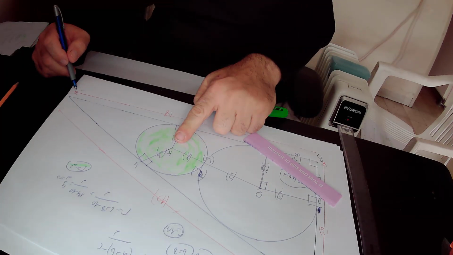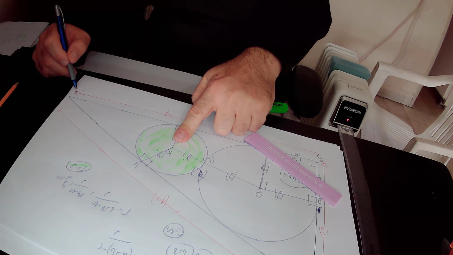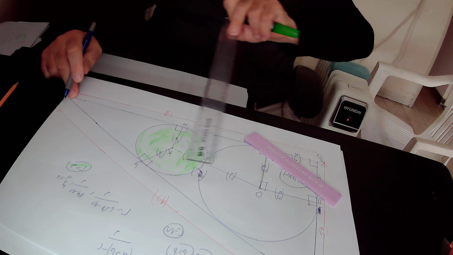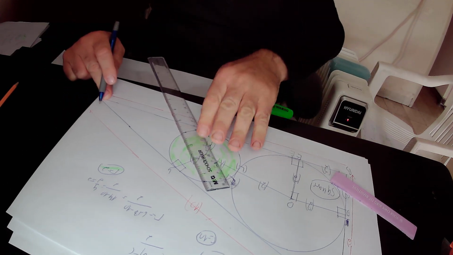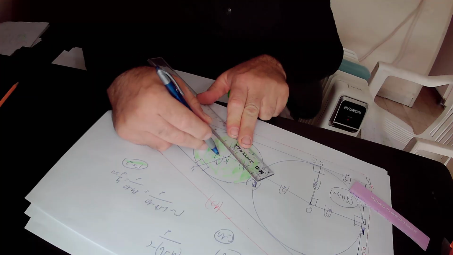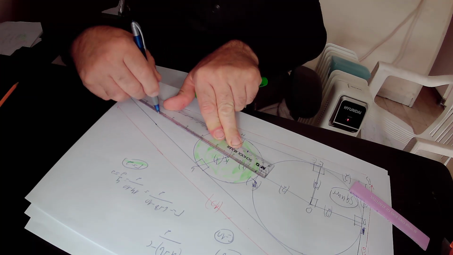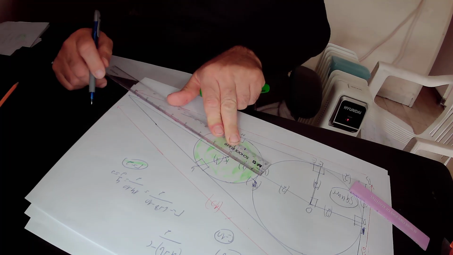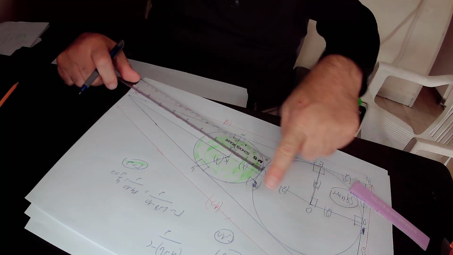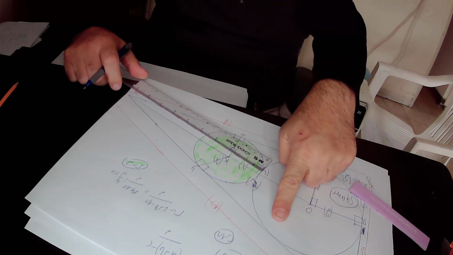In the next step, we will join points C and K together by a side line. We define the point of tangency of tangent AC with this big circle.